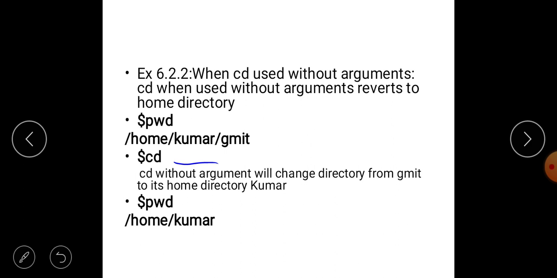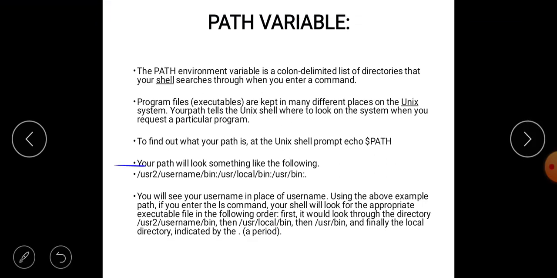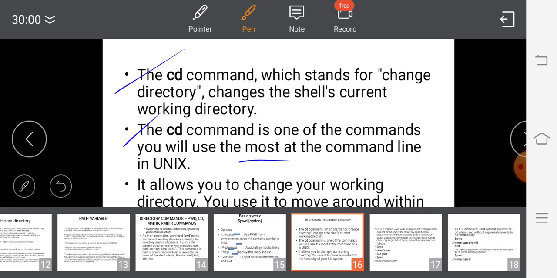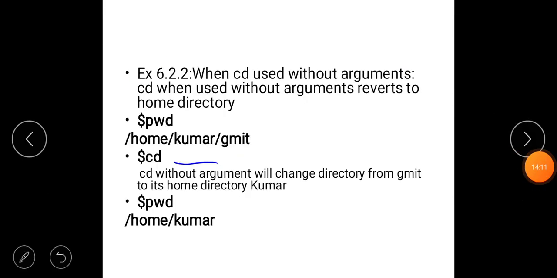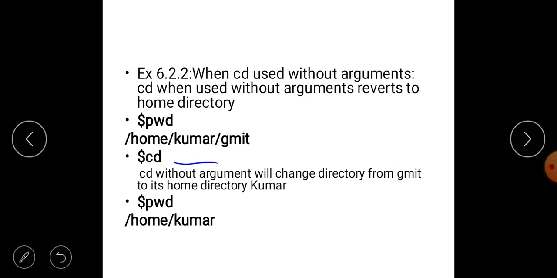First type pwd. We already changed from /home to /Kumar, and now we changed from /home/Kumar to /home/Kumar/gmit.